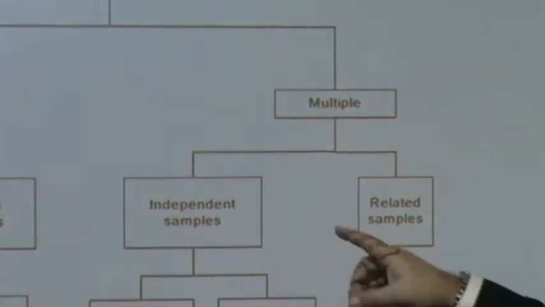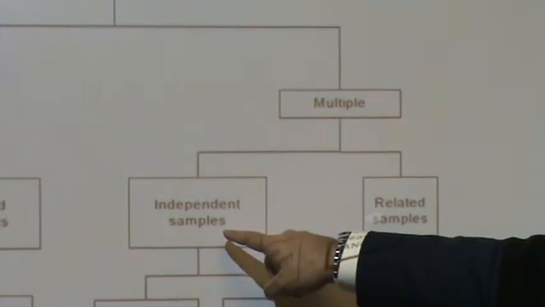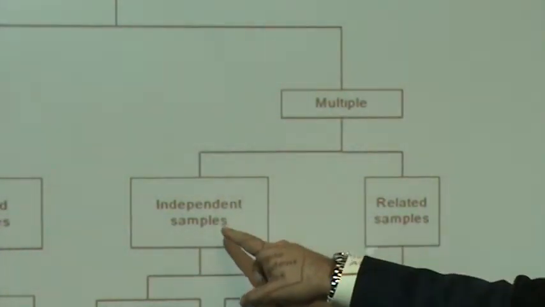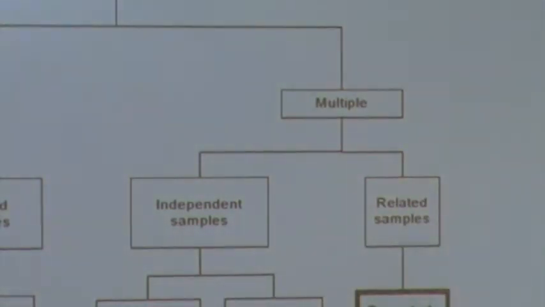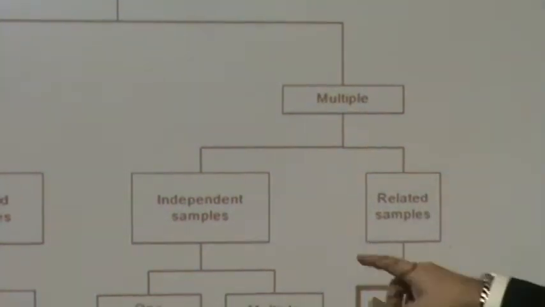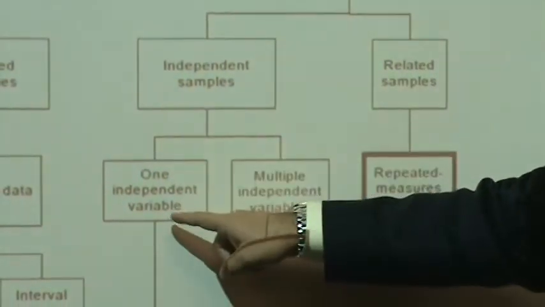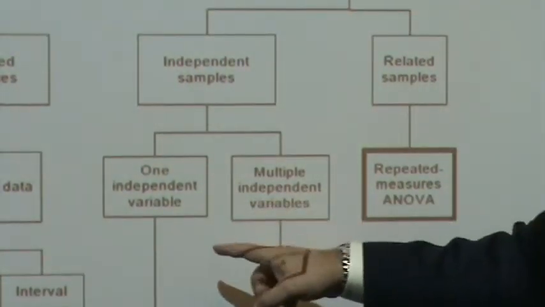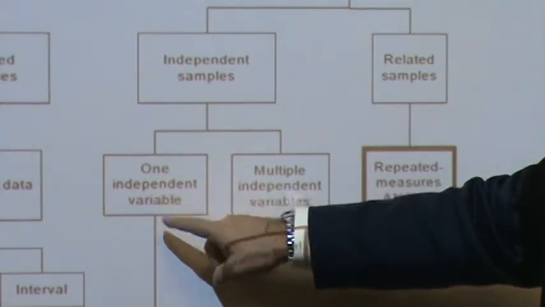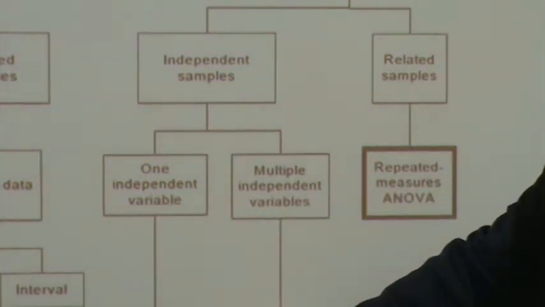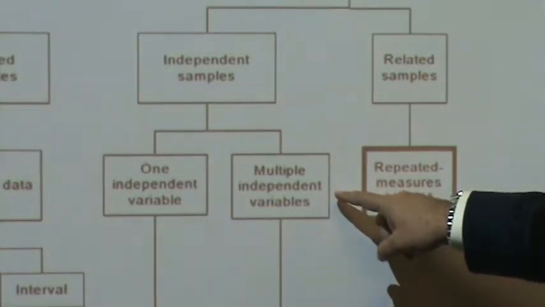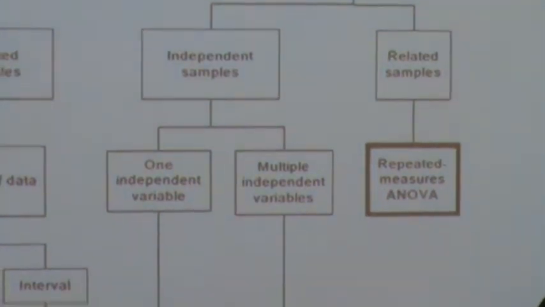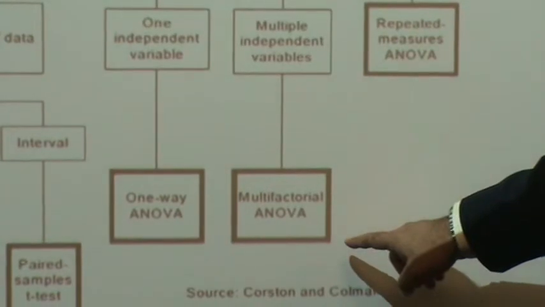If we have independent samples, and I've already explained what that means, we go one way. If we have related samples, we go a different way. Next question is, how many independent variables do we have? If we have one independent variable, it's a one-way ANOVA. If we have multiple independent variables, it's a multifactorial ANOVA.